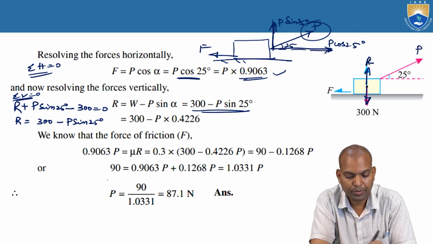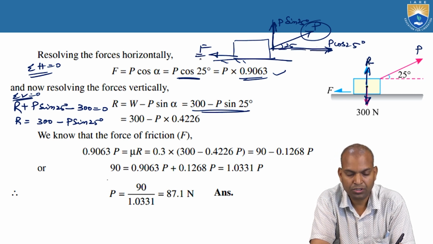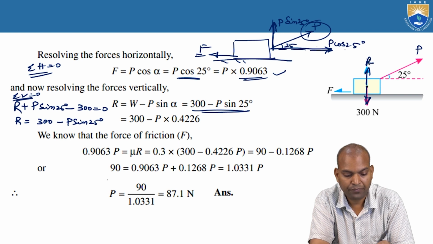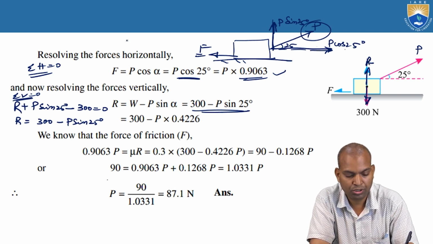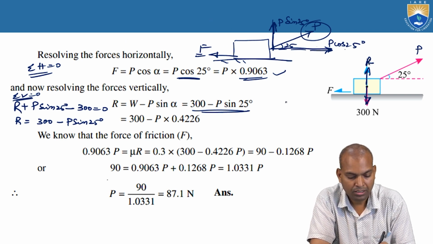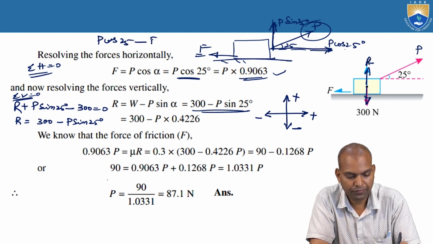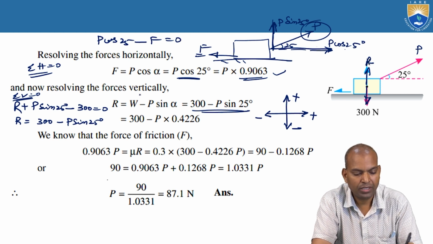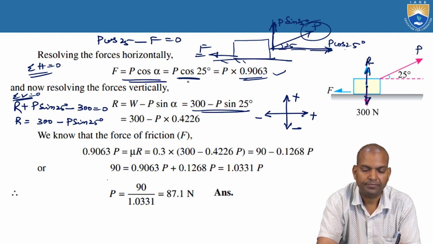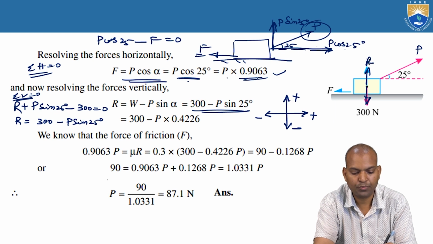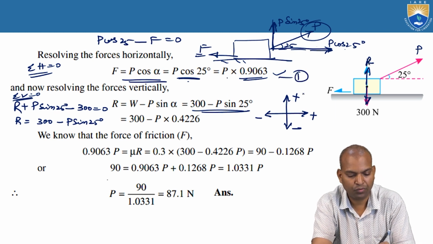Taking P cos 25 as positive and F as negative, sigma H equals 0 gives P cos 25 minus F equals 0. Then F equals P cos 25, that is P times 0.9063. This is equation 1.